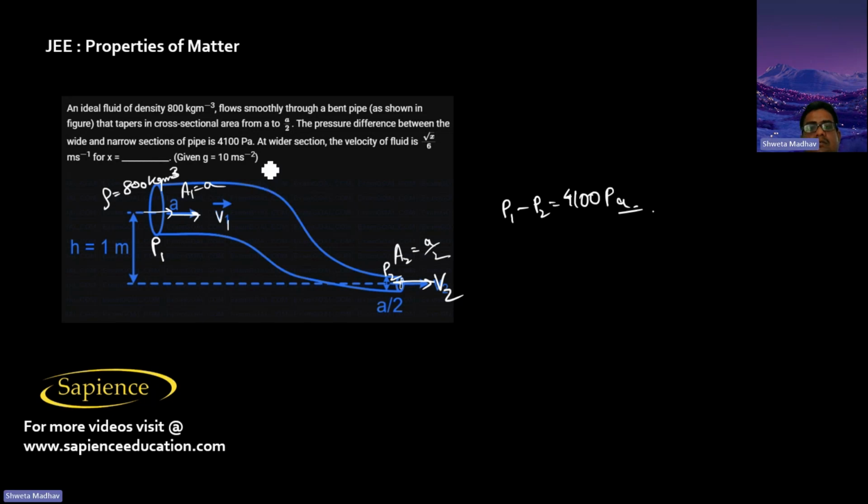Then at the wider section the velocity of the fluid is root x by 6 meter per second. So x equal to how much? You have to find the value of x, given that g is 10 meter per second square.